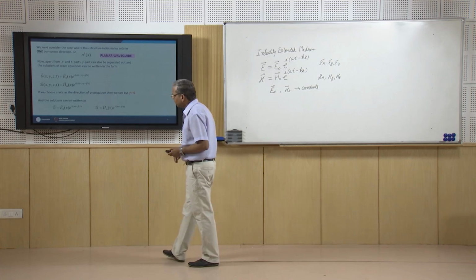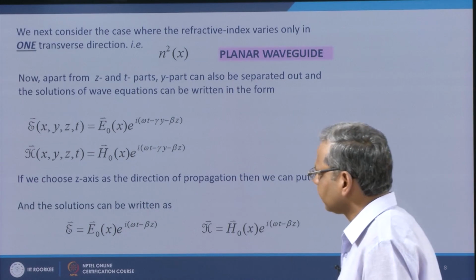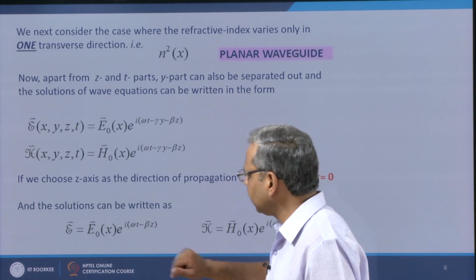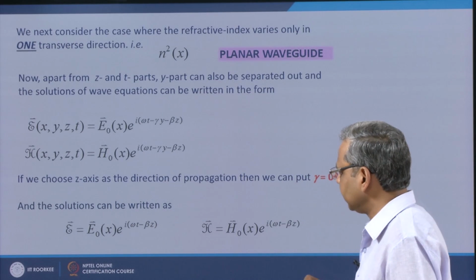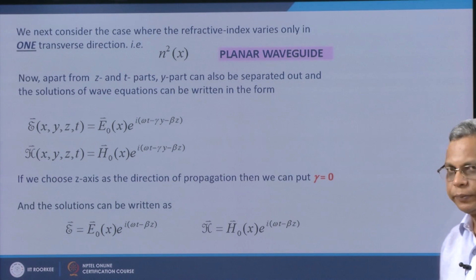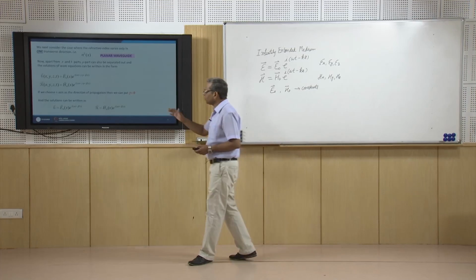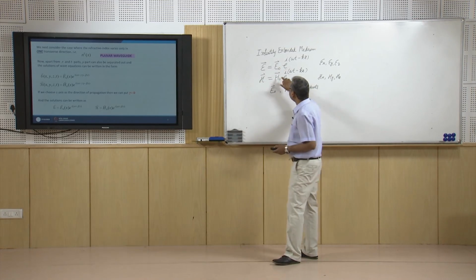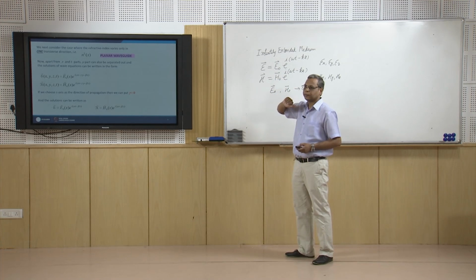Then I can write the solutions as E0 of x e to the power i omega t minus beta z and H0 of x e to the power i omega t minus beta z. So, I have got a similar form of solution, but it is not the same.